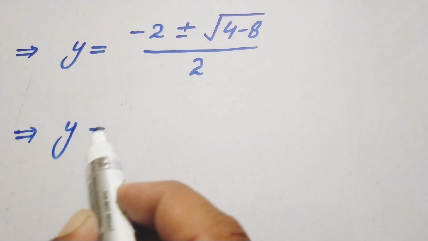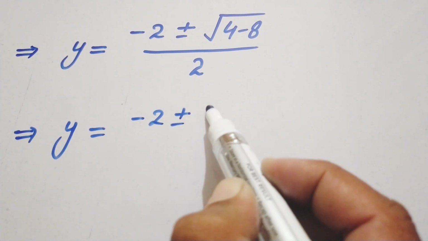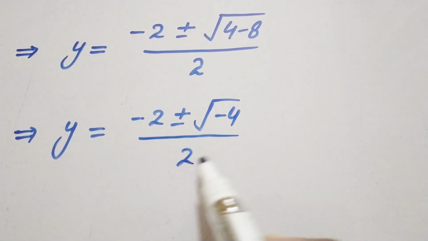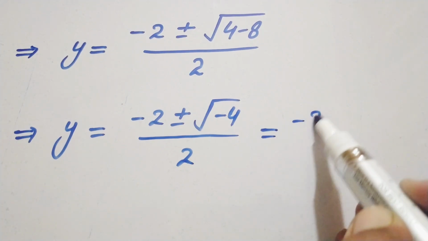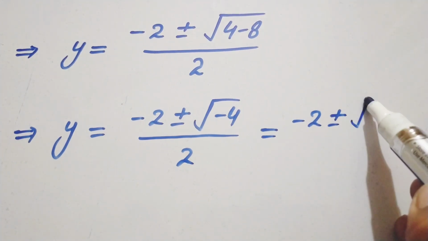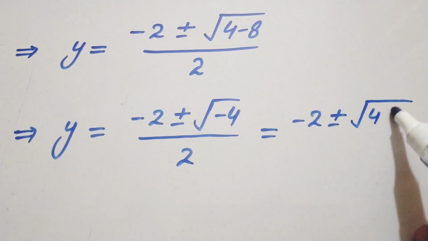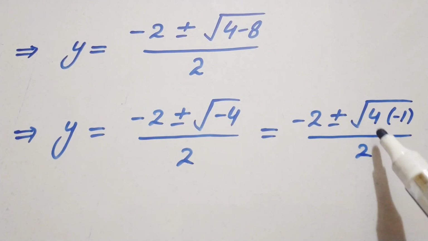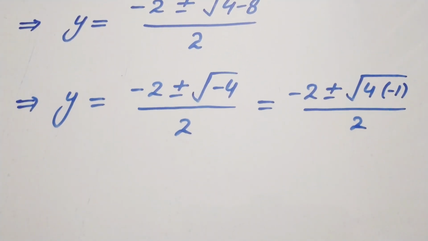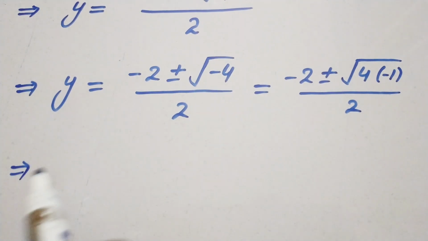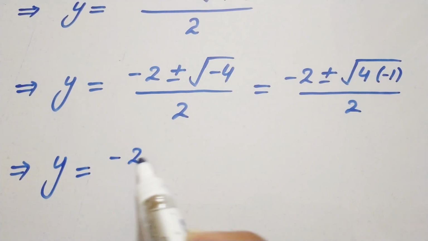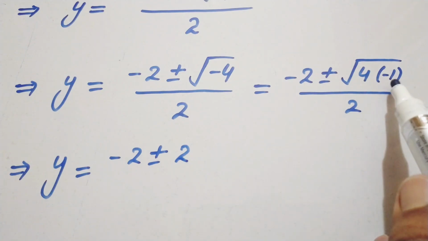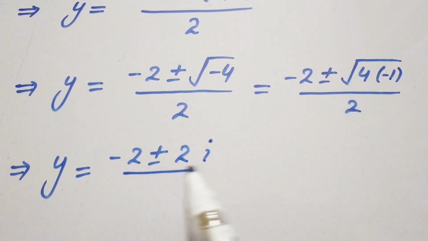This implies y is equal to minus 2 plus minus square root of 4 minus 8 gives us minus 4 divided by 2. This is equal to minus 2 plus minus 4 can be written as 4 multiplied by minus 1 divided by 2. Here this whole square root we can write as square root of 4 into square root of minus 1. Y is equal to minus 2 plus minus square root of 4 gives us 2 and square root of minus 1 is equal to iota, divided by 2.